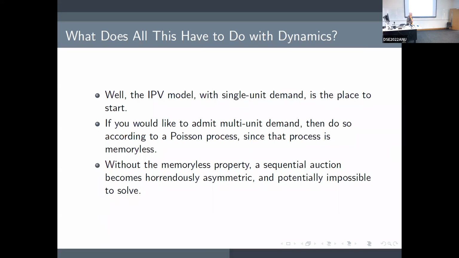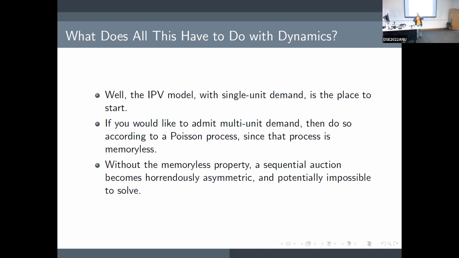So what does this all have to do with this Poisson model? Well, imagine that each of us gets a Poisson draw. 5, 3, 7, 9, 0. When the highest valuation drops out, what does that conditional distribution look like?